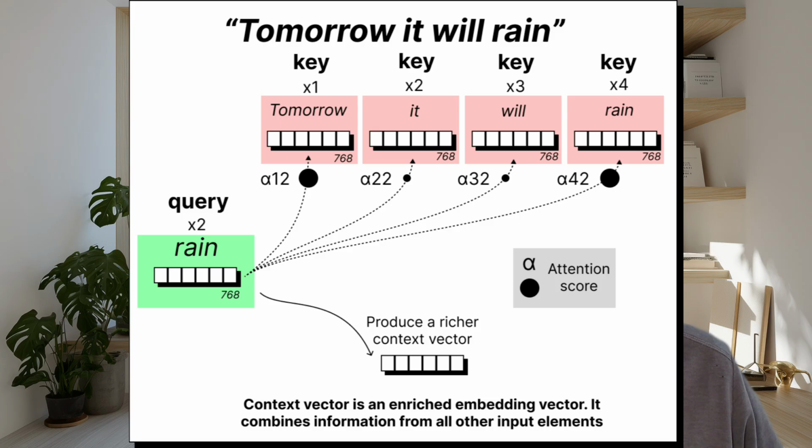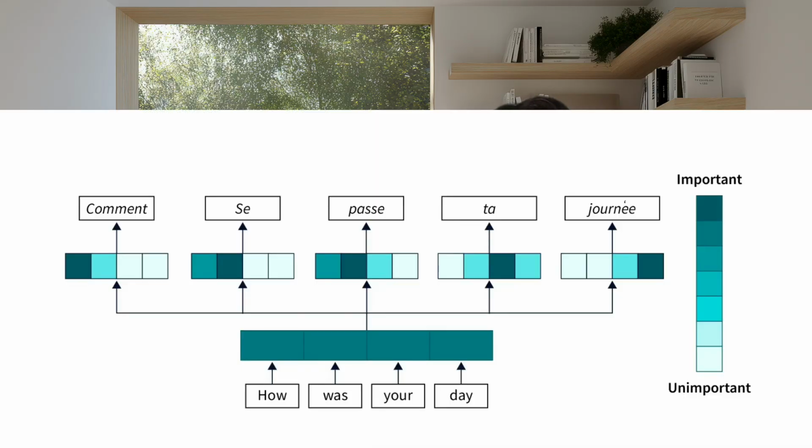This gave rise to models like the transformer, which are now the backbone of GPT, Gemini, Claude, and all of those. The transformer architecture was introduced in 2017, and it changed everything. It replaced the bottleneck with the attention mechanism, which allows the model to weigh each input token according to its relevance.